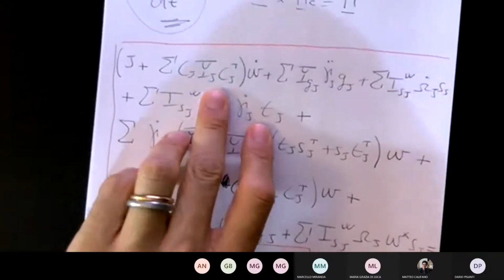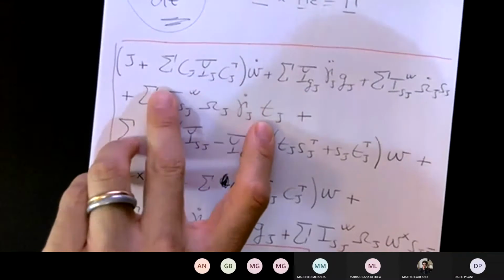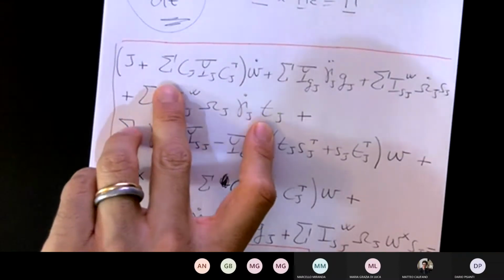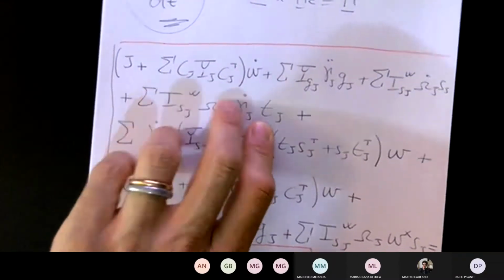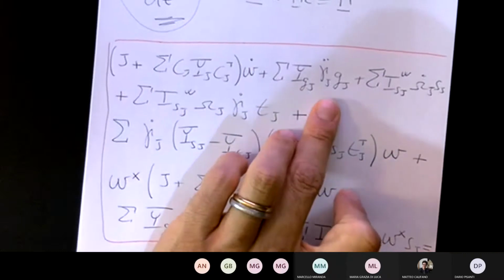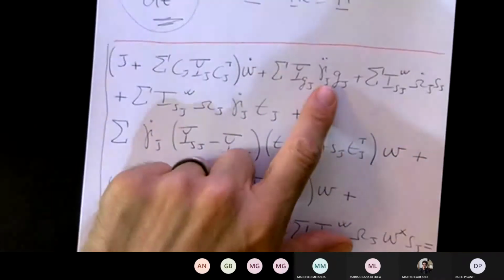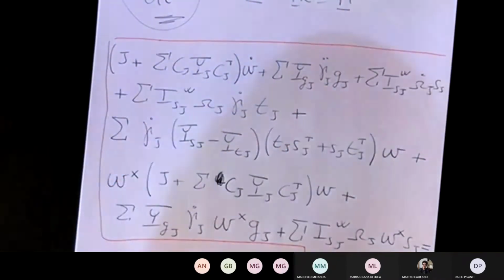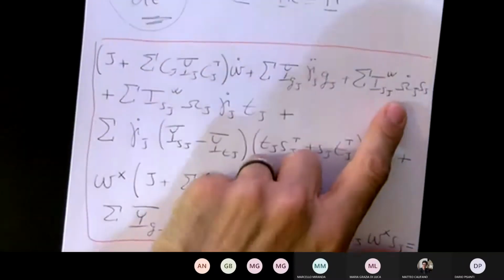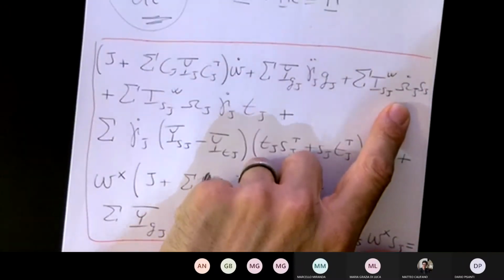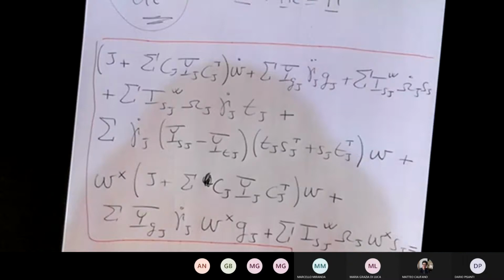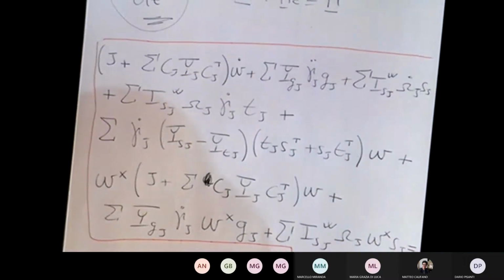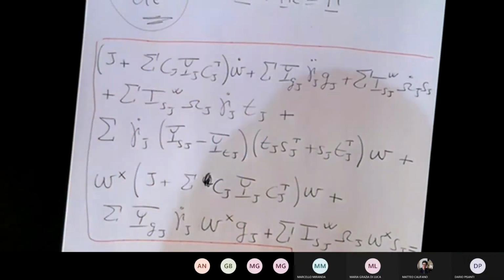This parenthesis is the total moment of inertia of the spacecraft. This is the contribution due to the acceleration of the gimbals, the contribution due to the acceleration of the wheel, and then other terms that are byproducts of having used the transport theorem.